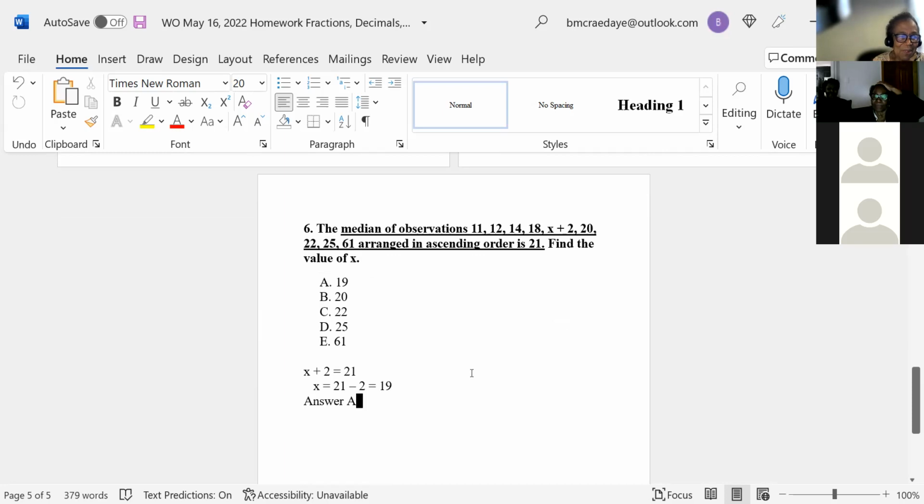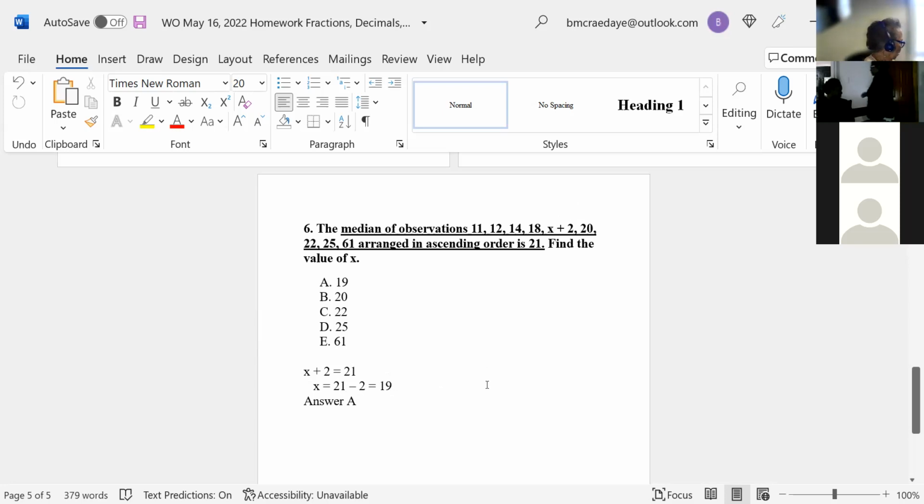Okay. Any questions? Number 6. Another way of looking at it: the median is right there in the middle, and they told you X plus 2 is 21. So the focus was on the 21. Set X plus 2 equal to 21, and then just solve for X. Subtract 2 from both sides, and you get X equals 19.